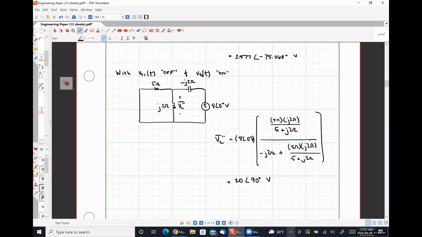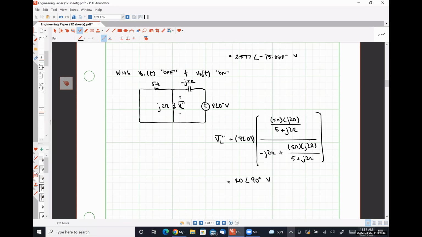Add them together. No. So let's talk about why we can't just add them together, because that's what our instinct would be using superposition. But the fact that these analyses occurred at 2 different frequencies is why we cannot simply add them together, right? This analysis occurred at an angular frequency of 2 radians per second.